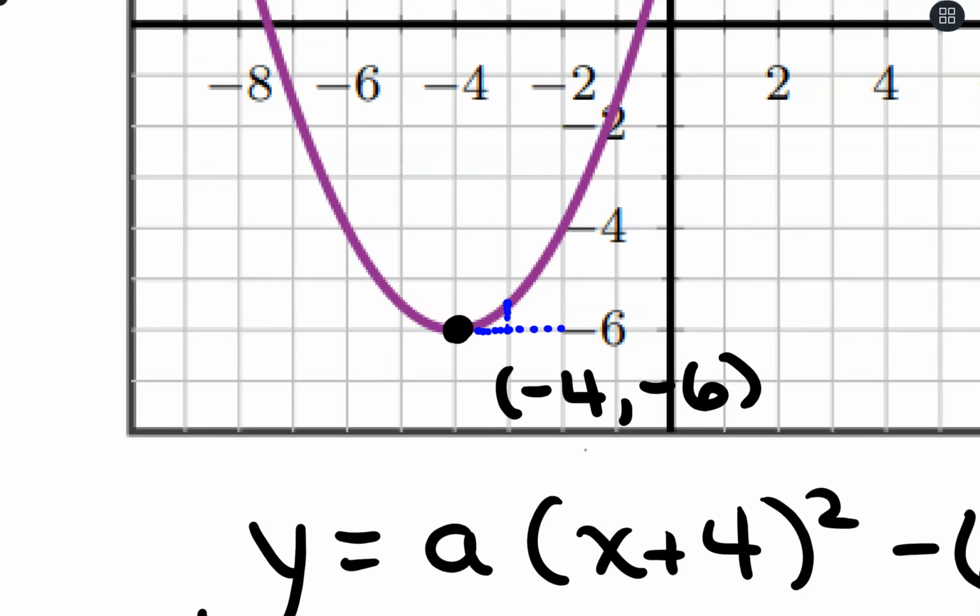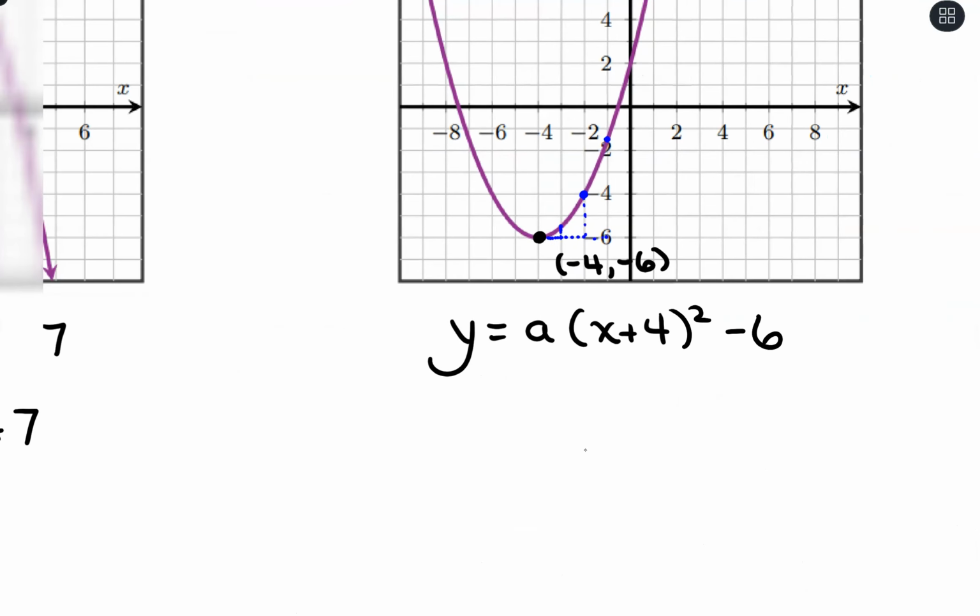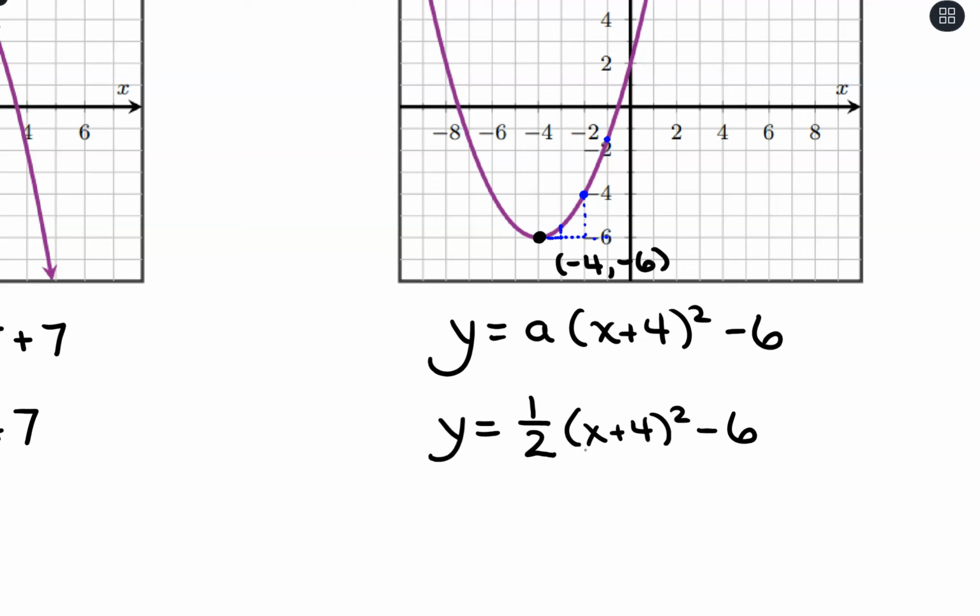If I go over 2, we're going up 2 instead of 4. So what I'm seeing is everything's being cut in half. If I go over 3, I'm going to have 1, 2, 3, 4, 0.5. And we're opening upwards, so a should be positive. So I'm thinking we have y equals positive 1/2 times x plus 4 squared minus 6.